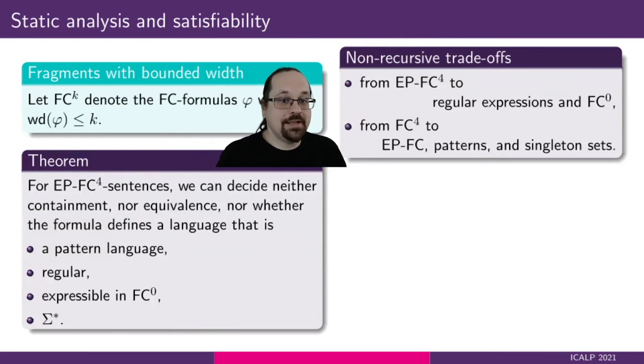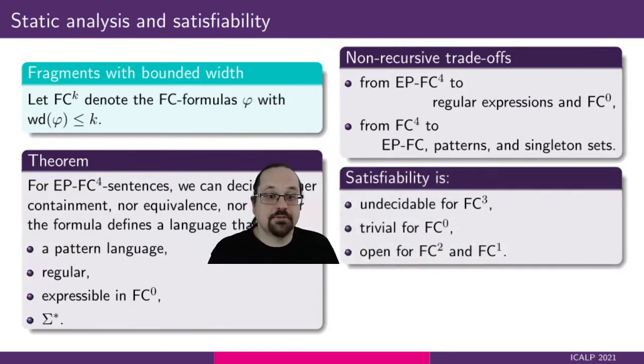But on the other hand, the trade-off to singleton sets means that we could write straight-line programs in FC4 that can reach arbitrary degrees of compression. So for every degree of compression we pick, we can find a word where the FC formula is that much shorter than the word we have behind that.